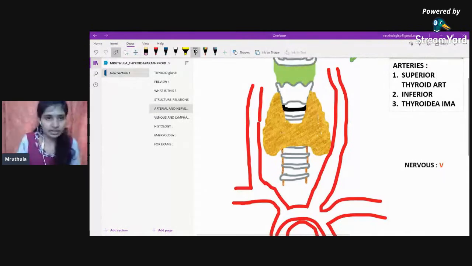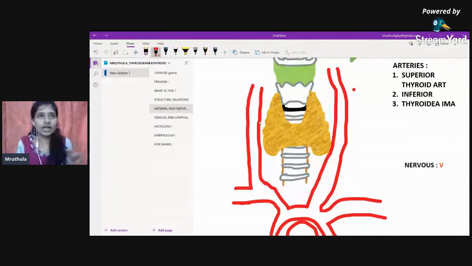Superior thyroid artery, from where does it come? The common carotid artery gives some branches: we have an internal carotid artery and an external carotid artery. Say this is our external carotid artery.